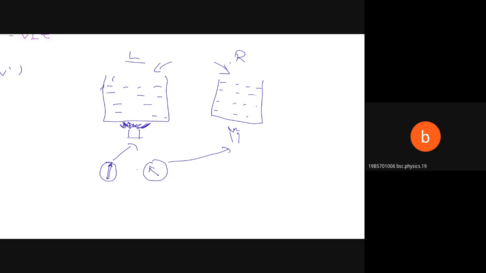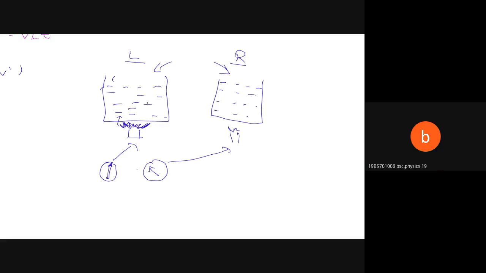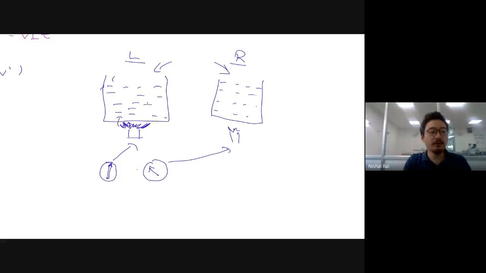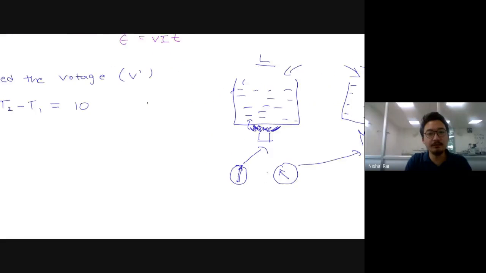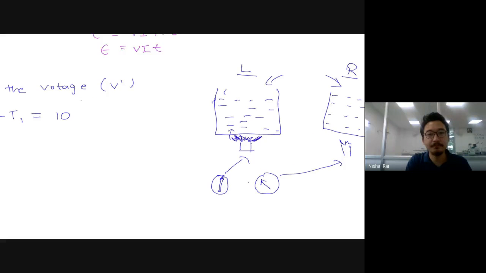Because the heat delivered is more. The heat given to the water is more, so the water will start absorbing more heat. Clear? Now, if we do the same thing over here, if we increase the heat, will this temperature difference remain the same?